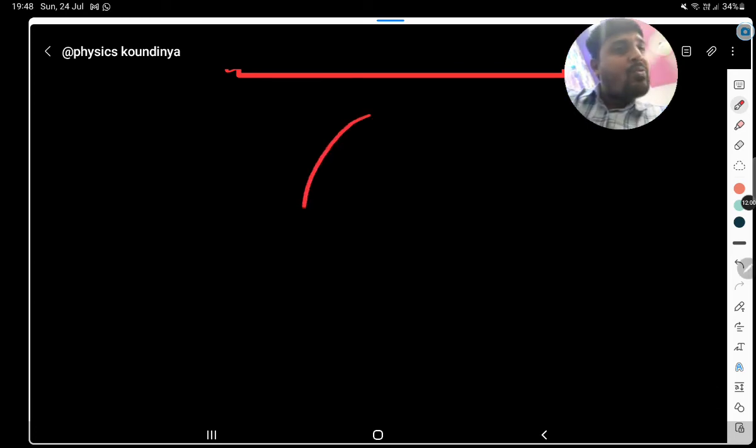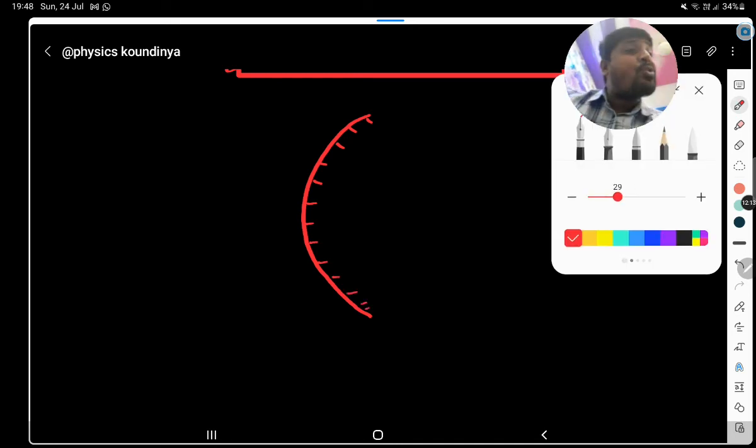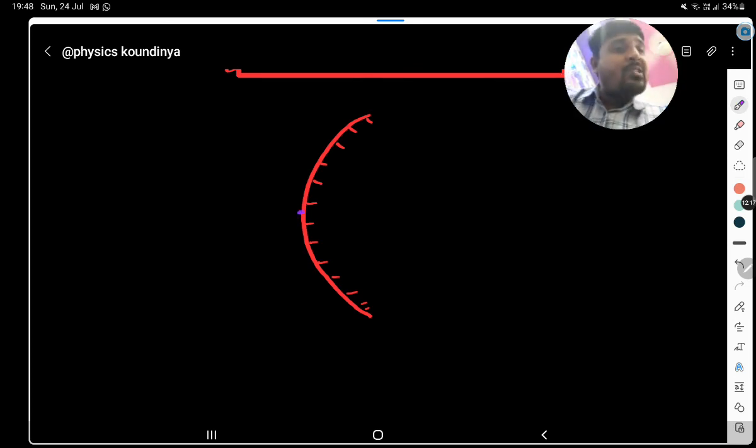So now we are going to see the same for the convex mirror. Okay, now see, this is a convex mirror, then we have to silver the inner surface. This surface has been silvered. Now, can you please tell me where P is located? P is going to be located here.